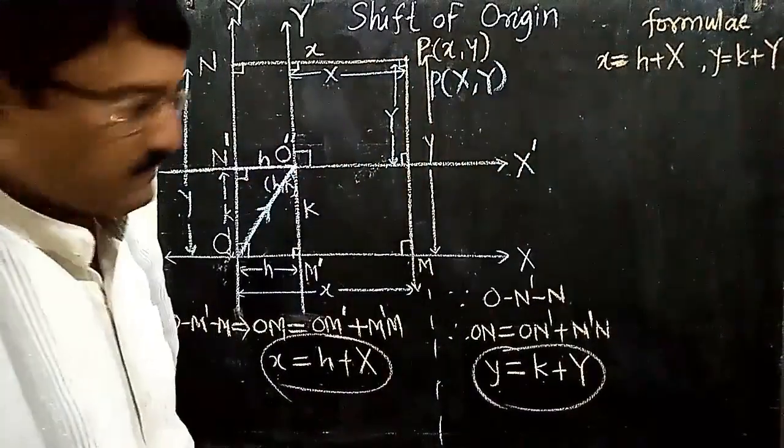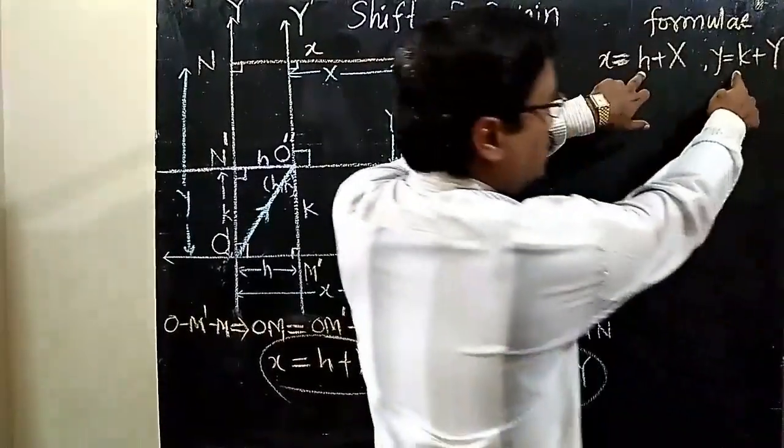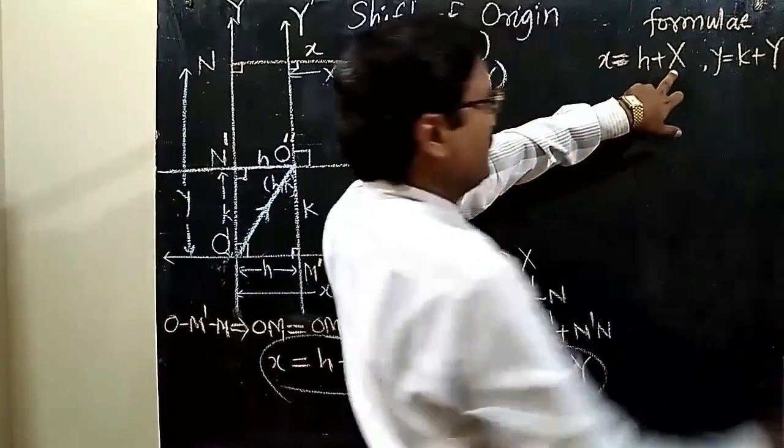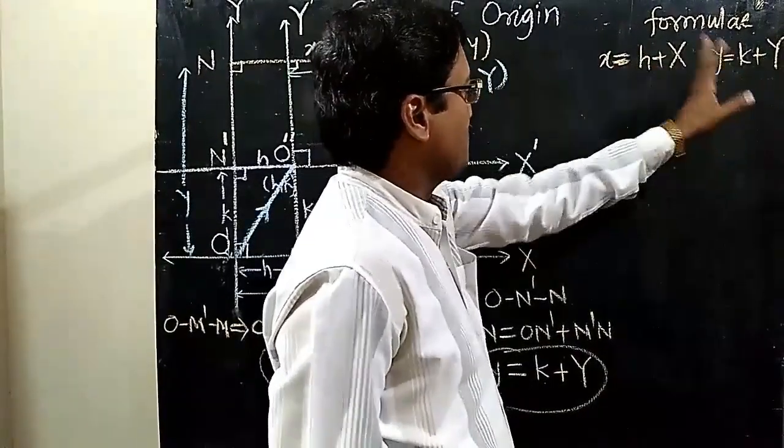Whenever h, k and capital X, capital Y are given, means the new origin and new coordinates of the point are given, at that time we can find the old coordinates using this formula.